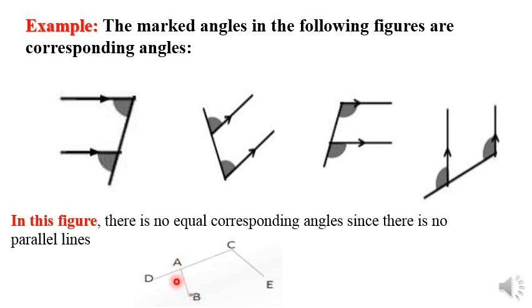So in this case, the corresponding angles are not equal. In these four cases, the corresponding angles are equal. Why? Because we have two parallel lines in each case. But here they are not equal because these two lines are not parallel.